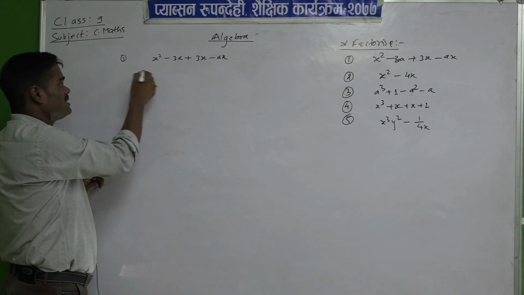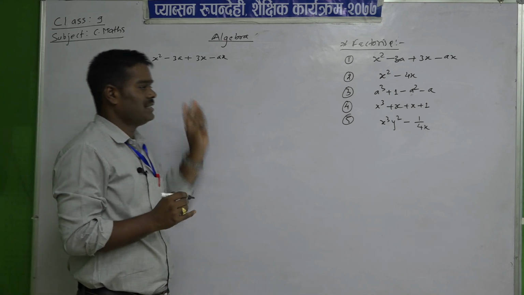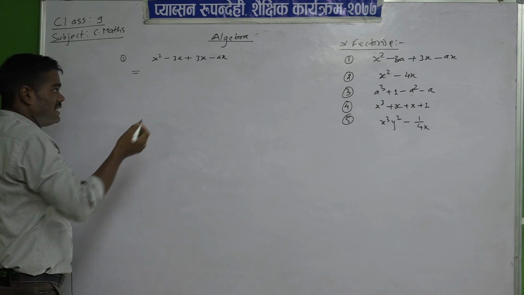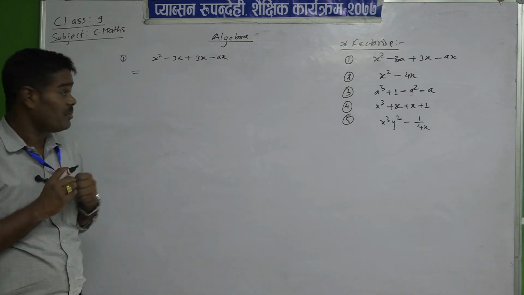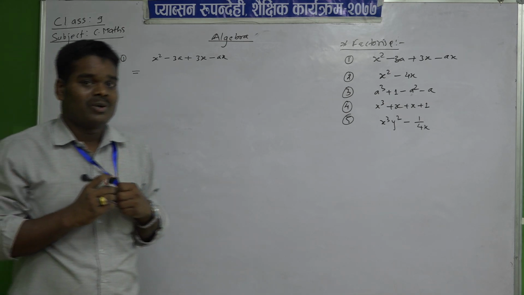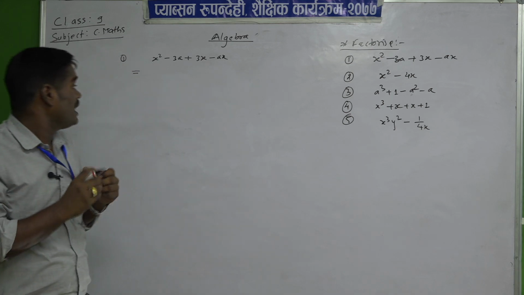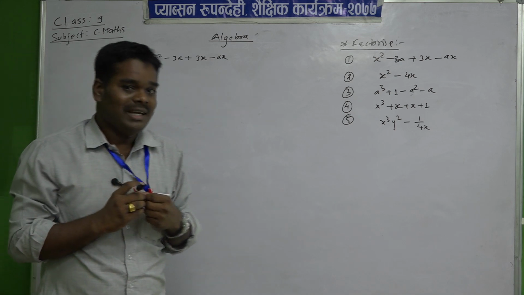So, to factorize this, first of all you have to arrange it. After arranging, you have to take a comma so that in the 2 groups, whatever is left inside the bracket must be the same.